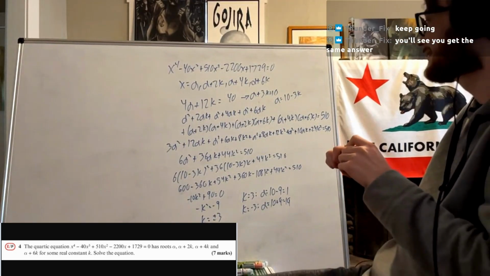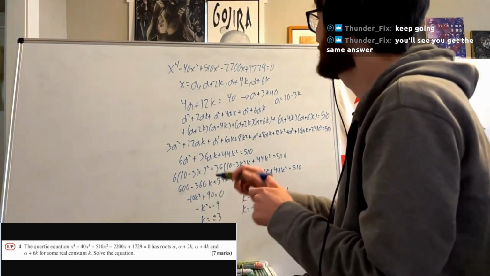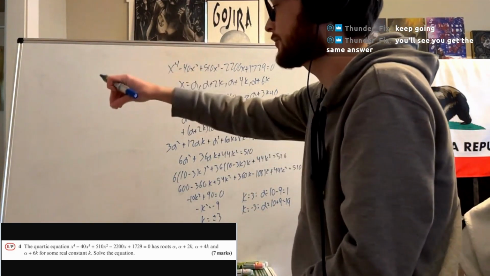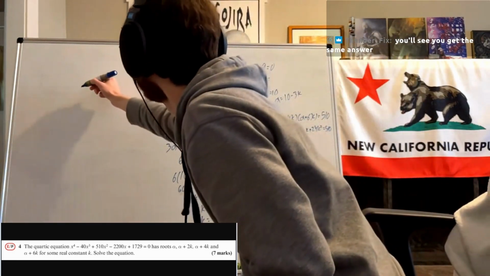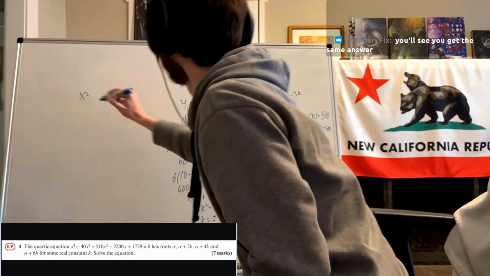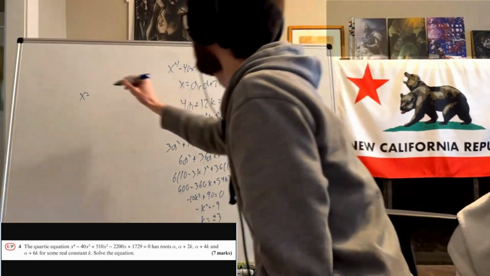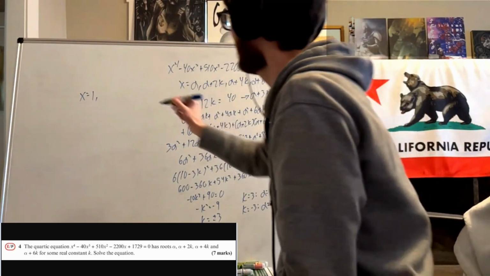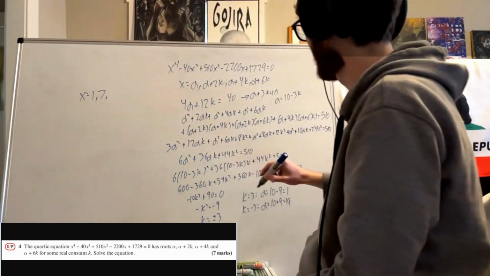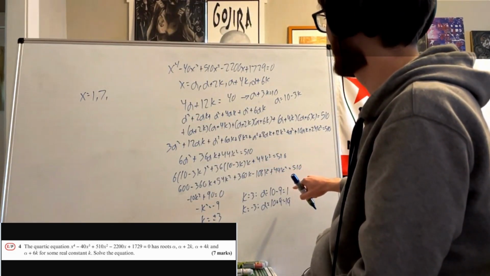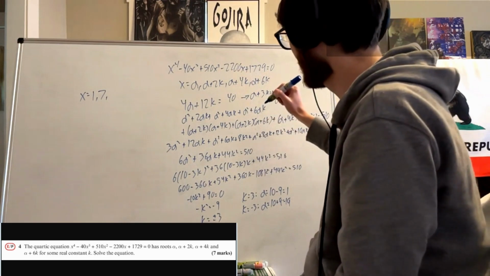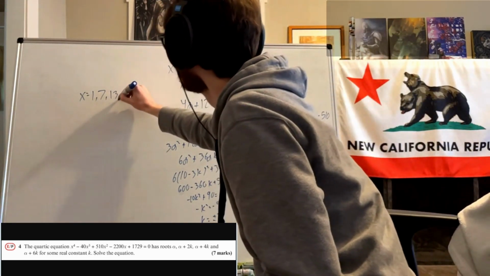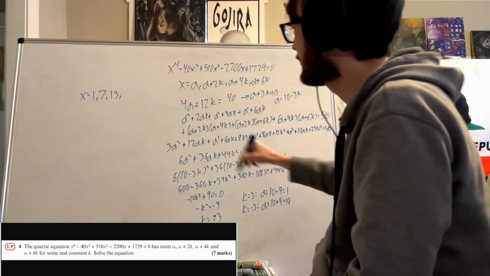So let's take k equals 3 and find out what our roots actually are, just like with Scooby-Doo, and take the mask off. So alpha, we said, is 1. And then we have 1 plus 2 times k is 7. 1 plus 4 times 3 is 13. 6 times 3 is 18 plus 1 is 19.